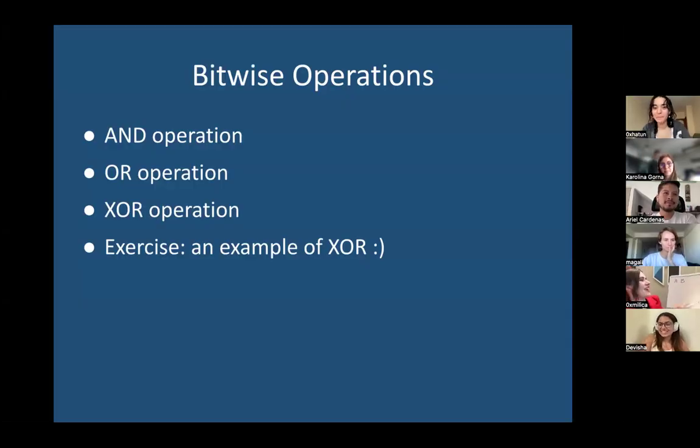Super cool. Okay, so let's say this is our input A, this is our input B, and we're doing the AND operation. Here we have 0 and 0, and AND says that the output will be 0.